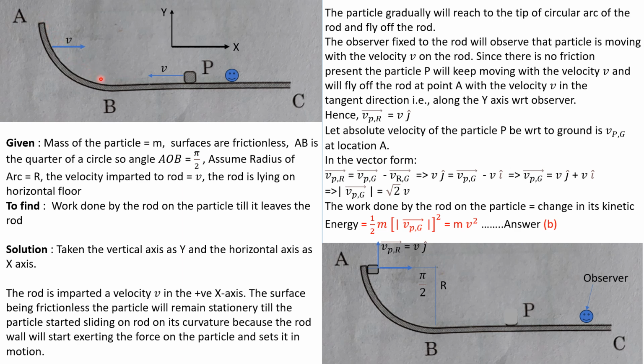Since the floor, the rod and the particle are frictionless, with respect to the observer this particle will fly off with v velocity in the y direction at point A. That is with respect to the observer tied to the rod.